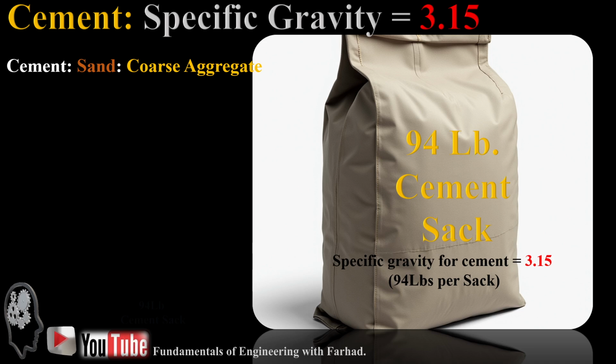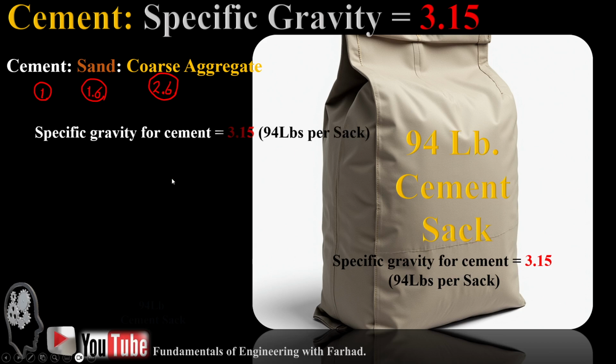So let's jump to the ratio of cement, sand, and coarse aggregate, and we have a specific gravity for cement provided in the problem statement, and that's 3.15 for a 94 pound cement sack.